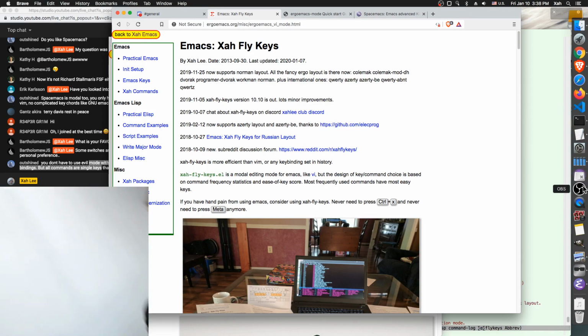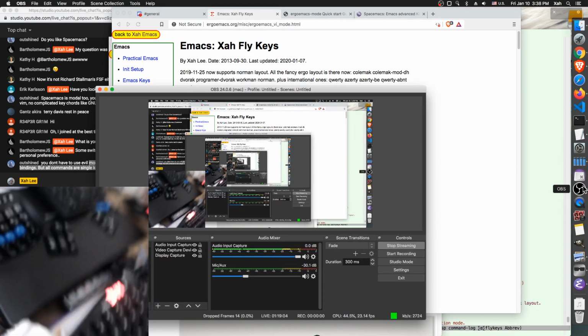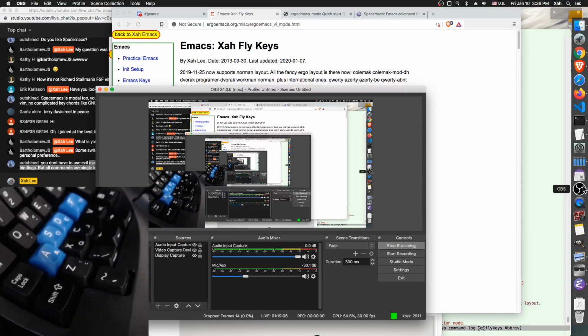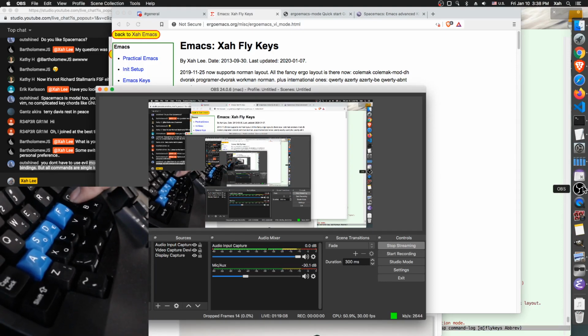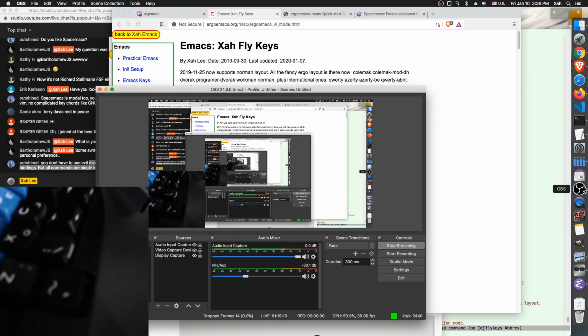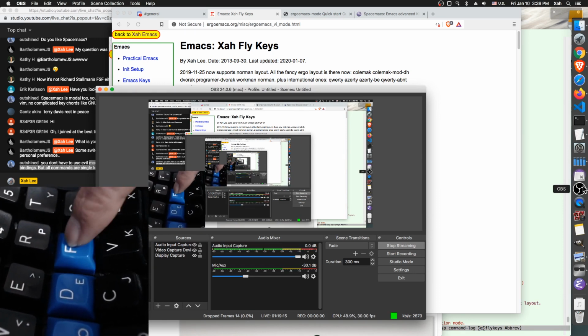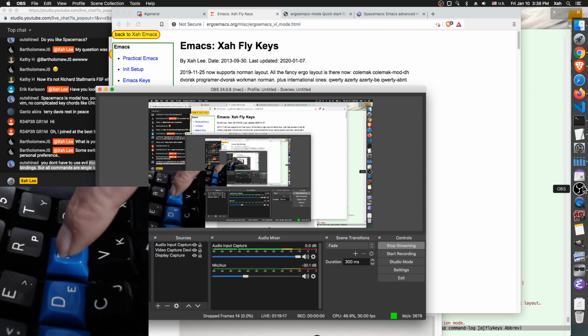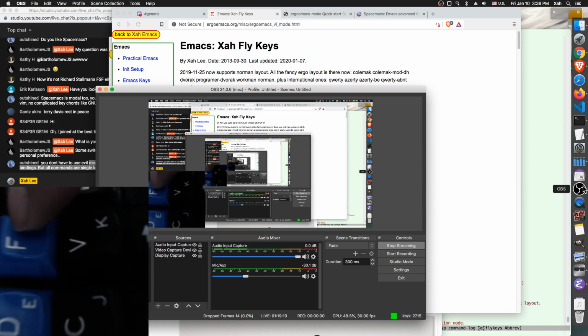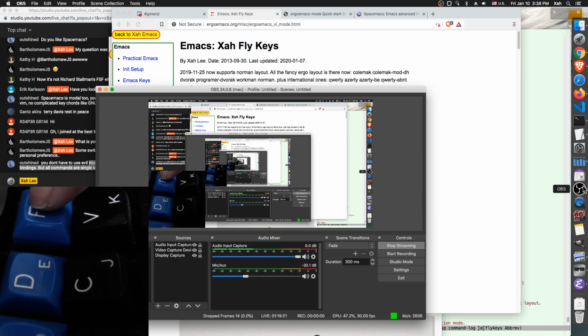Okay, why not? So I'm going to show you my Kinesis. This is using a brown switch actually. So let's see if I can press it. So this is Kinesis brown switches. Let's see if you can hear it.